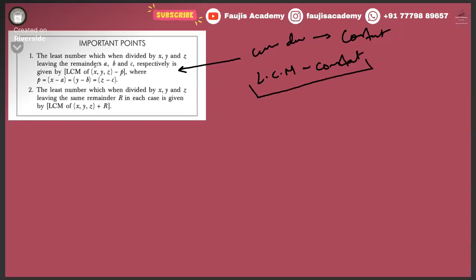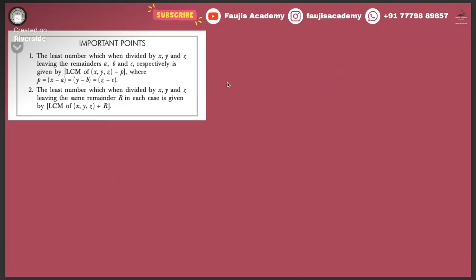Shall we move to the second point here? Yes, sir. We'll discuss the cases wherein the difference is not common. The least number which when divided by x, y, z.